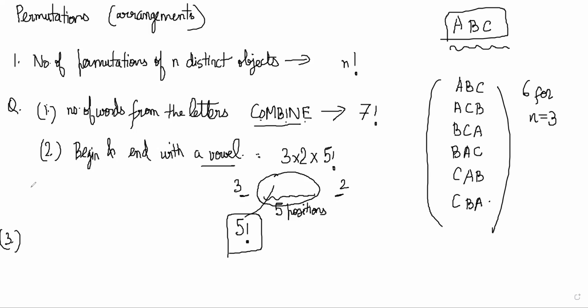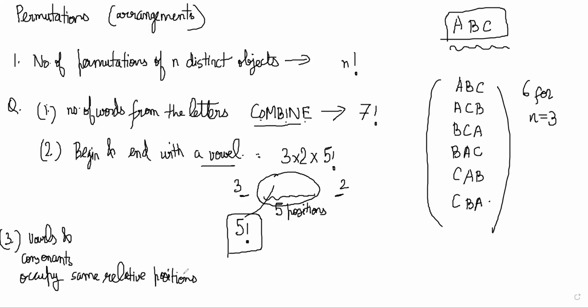So you have to find the total number of words where vowels and consonants occupy the same relative positions as combine. Wherever there was a vowel in combine, you have to have a vowel here. Wherever there was a consonant, there will be a consonant. How many words can you form like that?